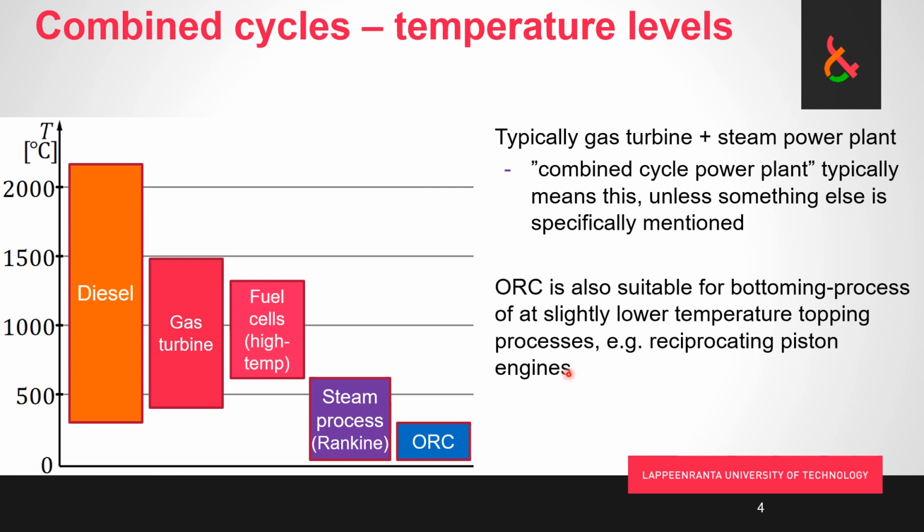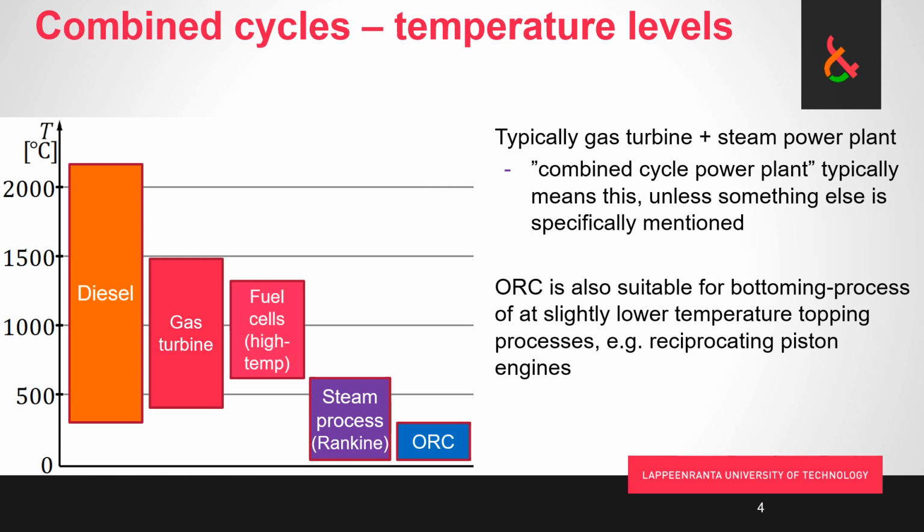And the other cycle that is somewhat less used but can be somewhat relevant is when you have ORC, organic Rankine cycle. So kind of like the steam cycle based on Rankine cycle, but using some organic fluids like toluene, for example, instead of water. This way we can get the plant to work at lower temperature and pressure levels, and we can get by with slightly lower temperature heat inputs.